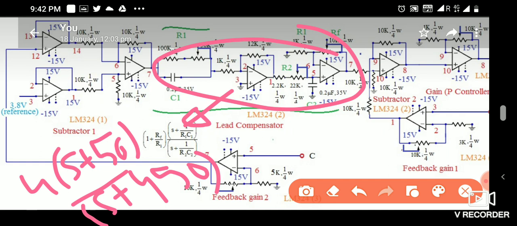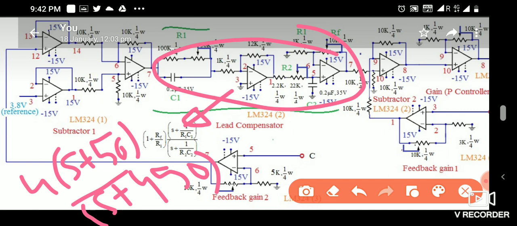One op-amp requires 2 inputs and 1 output: non-inverting plus, inverting minus, and 1 output. So 3 into 4 means 12 pins, plus 1 pin for plus VCC and 1 pin for ground or minus VCC. So the LM324 is a 14 pin IC where 4 op-amps are available.